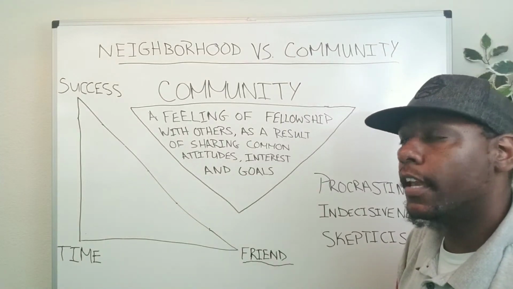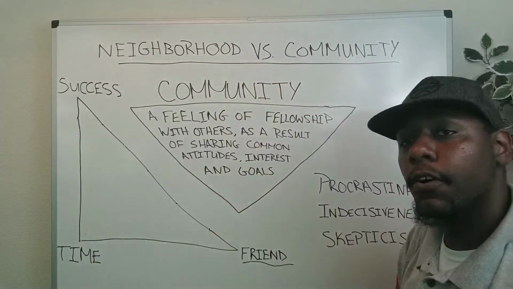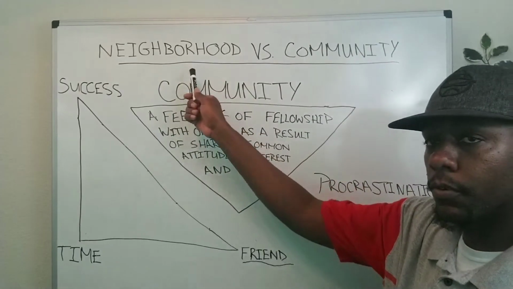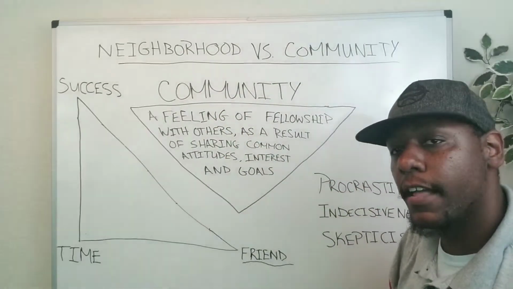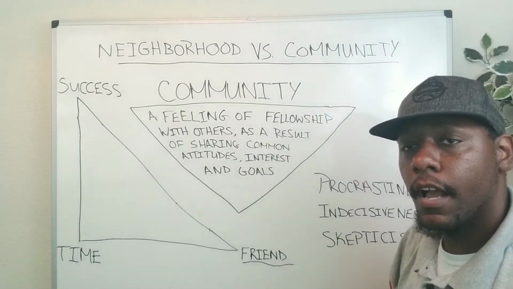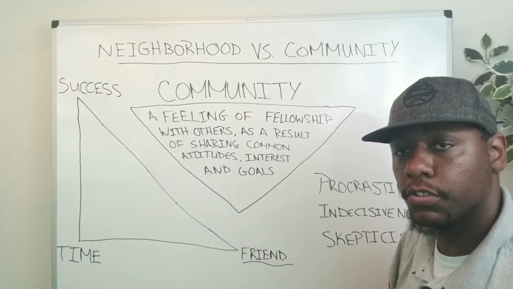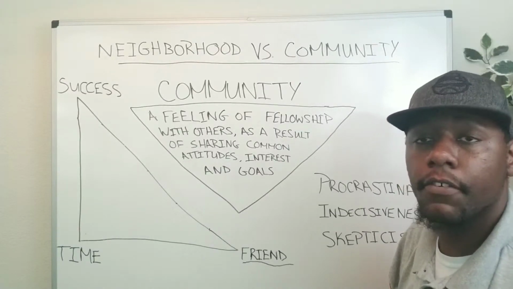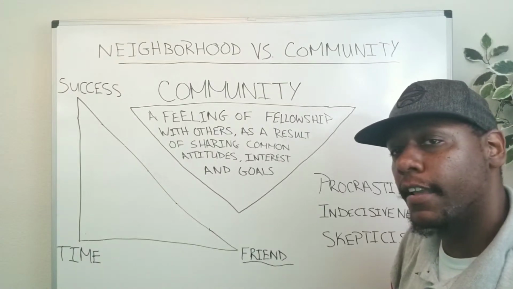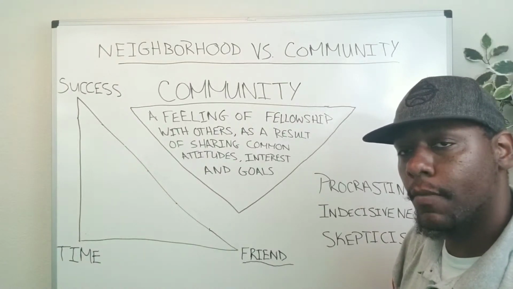So if I wasn't a community type of person, if I was the type of person that just lived in a neighborhood or just had a neighborhood mentality, I would never know these things about her, and I would never have been able to offer her a solution to a problem that I would never have known that she had. And in turn, I would not have had a new customer or been able to build my business.